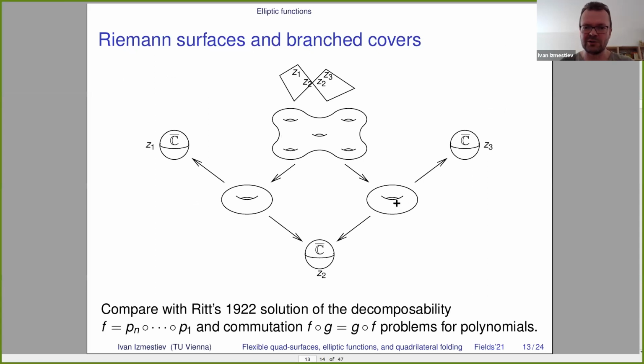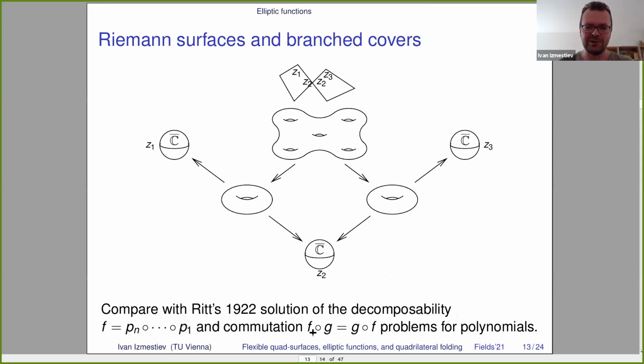So anyway, this is again a picture of what happens with these branched covers. These tori are the spaces Z12, Z23, and so on. Here, this is the domain of the variable Z1, the domain of Z2. And this is the fiber product, which is a branched cover over both of these tori. This approach also resembles a bit the approach of Ritt, who analyzed the decomposition of polynomials as compositions of polynomials.